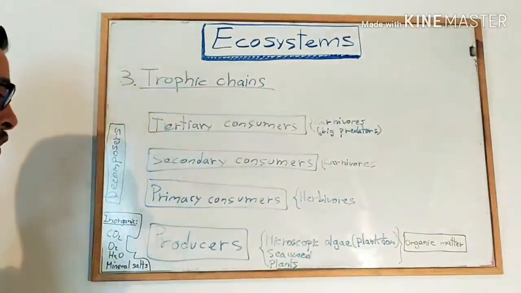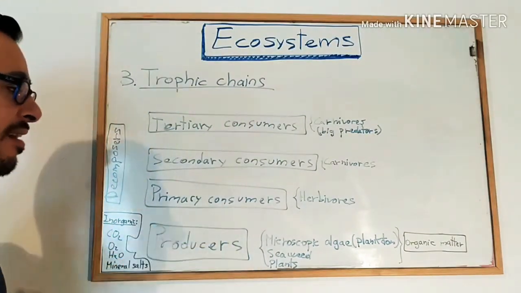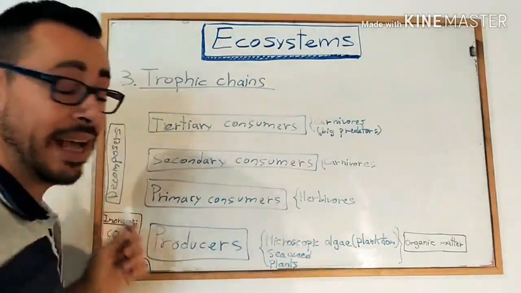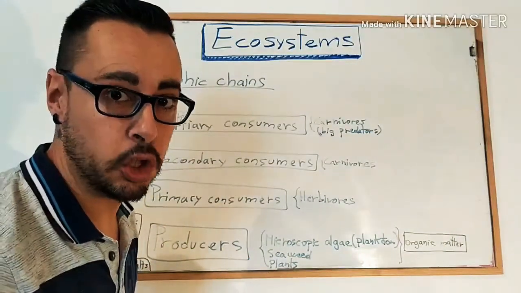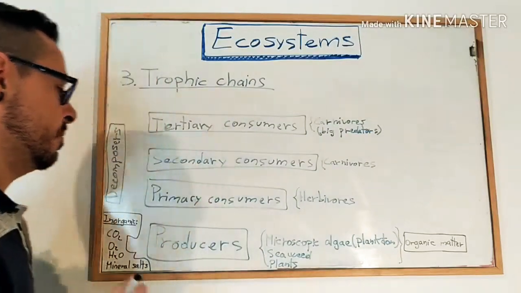So, producers are the microscopic algae, which is called plankton, the seaweed, and the plants.